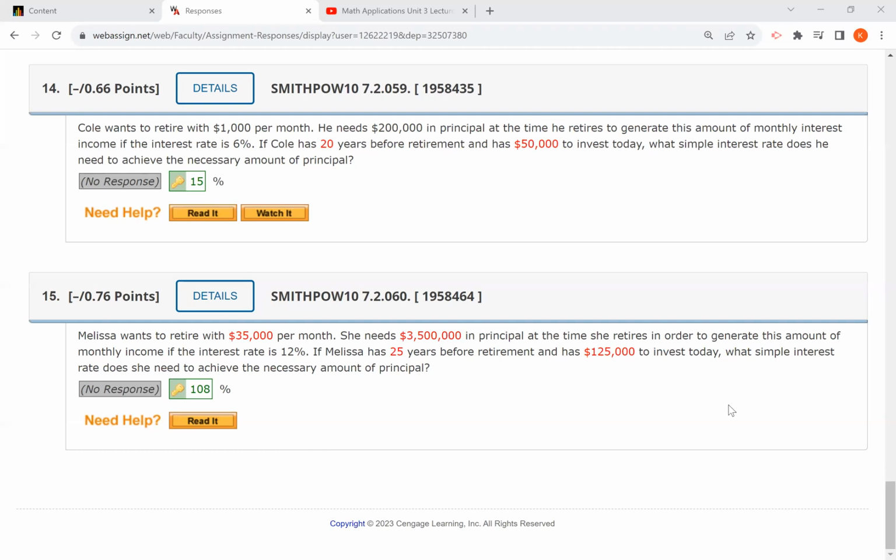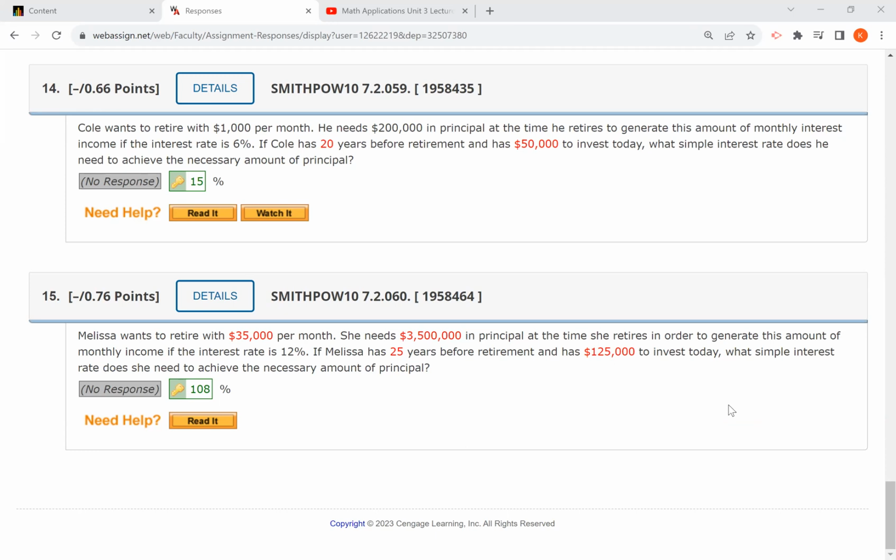Okay, I want to help with a couple problems because a lot of the information, they assume you understand it, but I think sometimes, especially as a traditional student, some things are not quite understood about retirement. So if you're looking at number 14 and 15, it says Cole wants to retire with $1,000 per month.